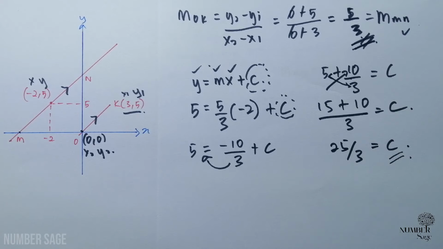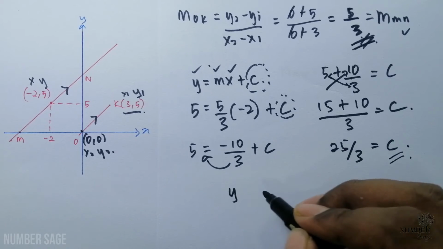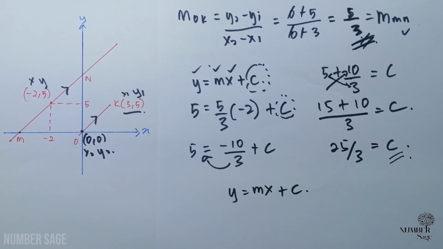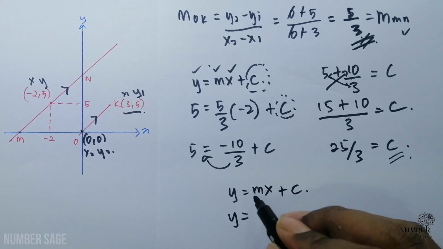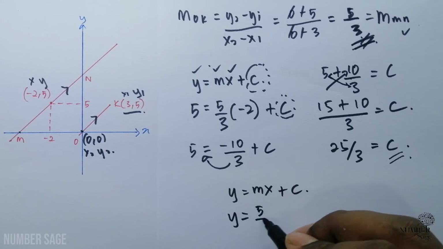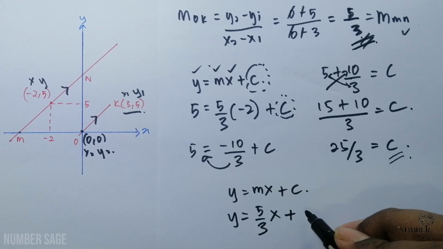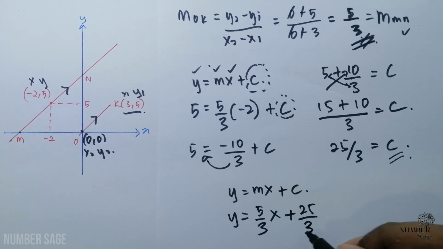Now let's complete the equation. y equals mx plus c. The gradient is 5 over 3 x plus the y-intercept is 25 over 3.